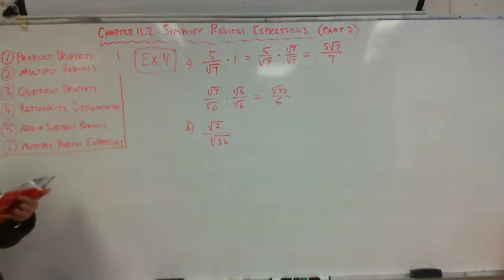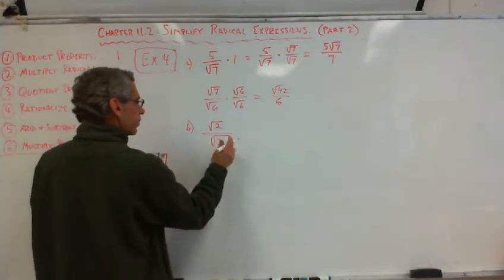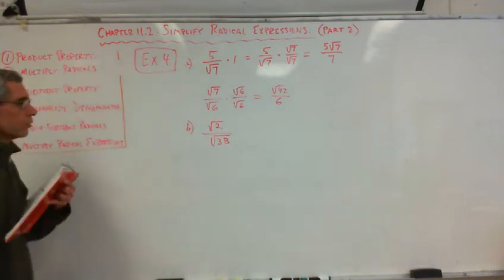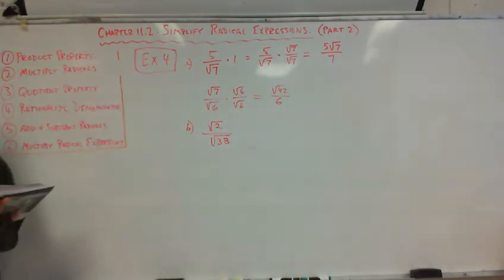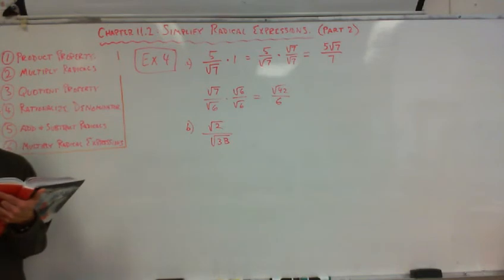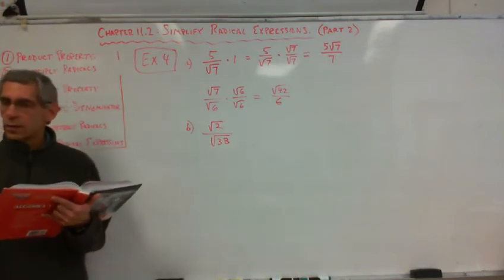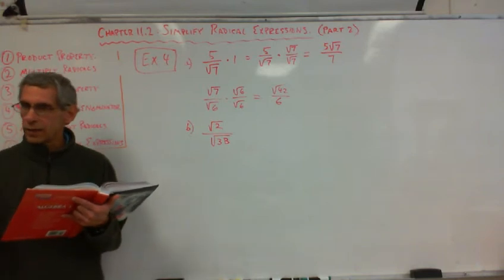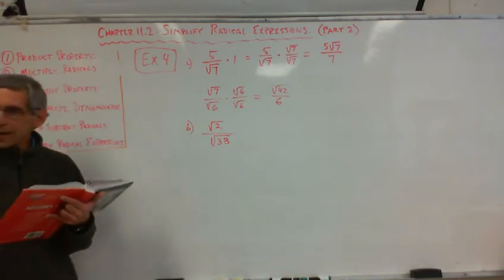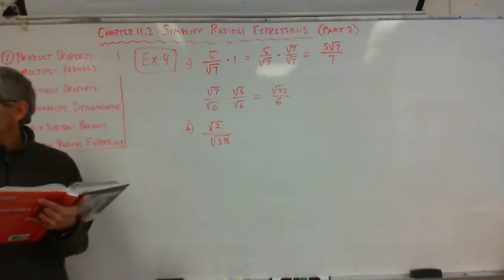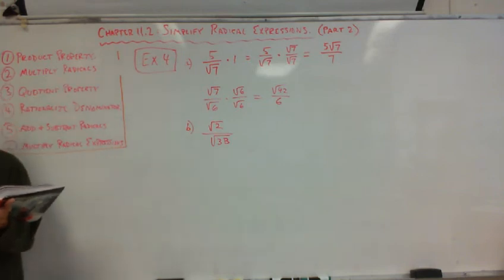I'm going to write the b in capital so it's obvious. 3b. What would I multiply by? The square root of 3b. The problem is the denominator. It's not the numerator. The rule is the denominator. It's fine to have square roots in the numerator, not fine to have them in the denominator.